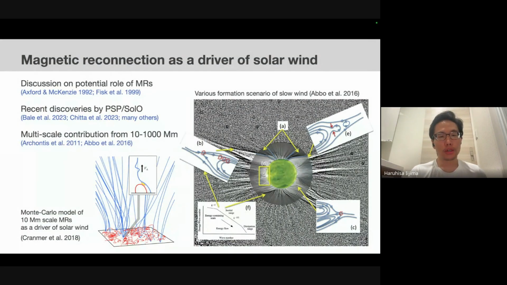And thanks to recent satellite observations by Parker Solar Probe and Solar Orbiter, we have many observations which indicate a close relationship between magnetic reconnection and the solar wind. There are many studies on this relation, and the spatial scales range from 10 megameters to global scales.